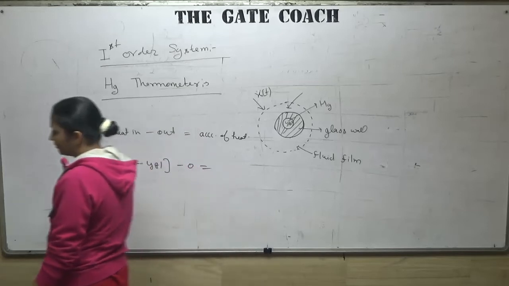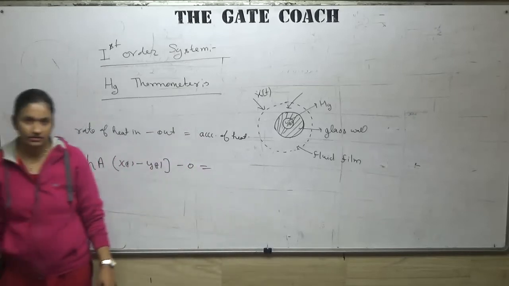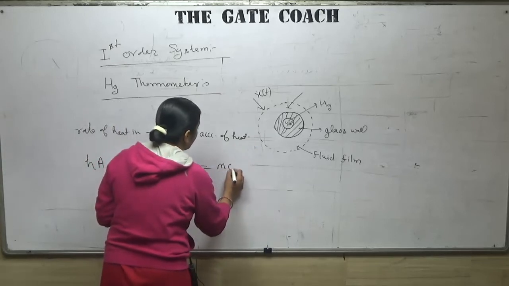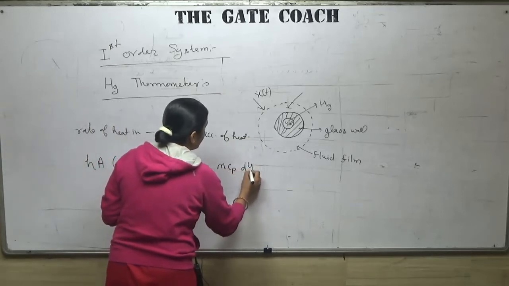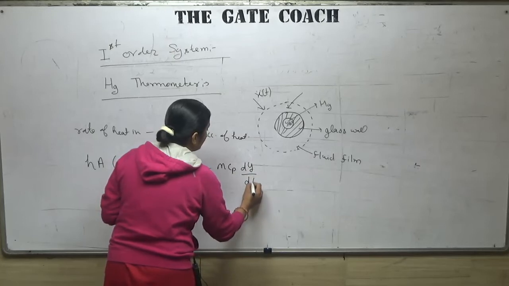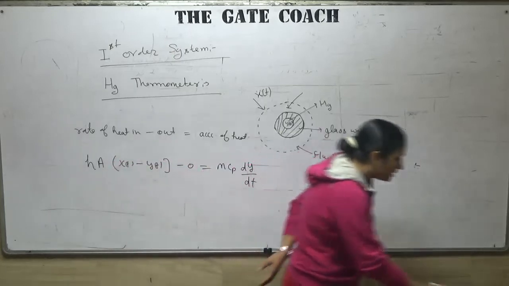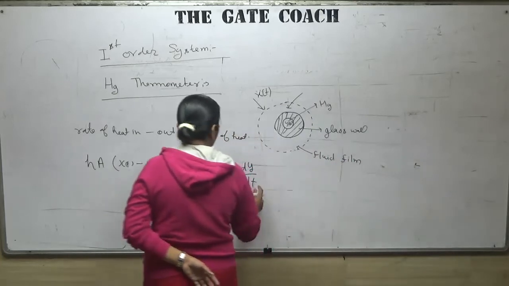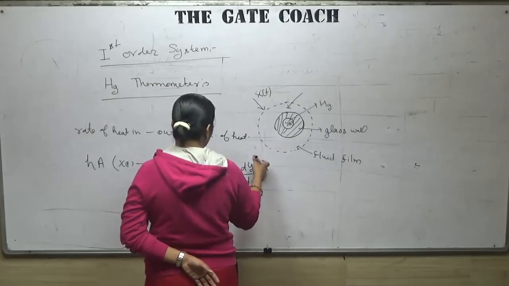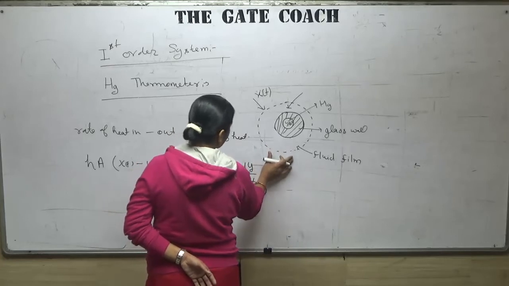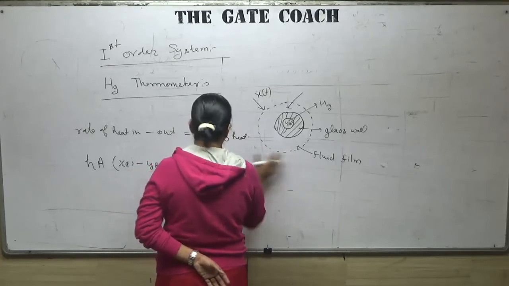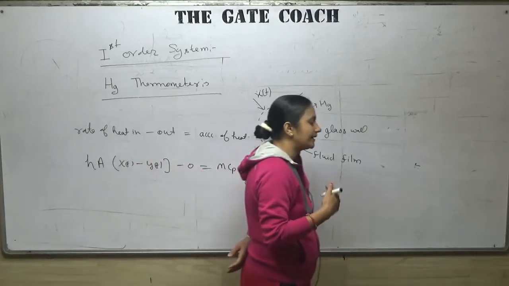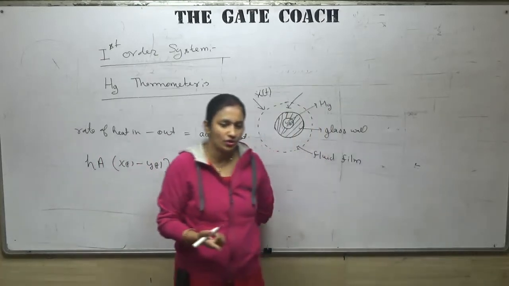Accumulation of heat is mCp dy/dt, because it is an unsteady state energy balance and it varies with time. This is the equation we have developed for the unsteady state energy balance for this cross-sectional view of the thermometer, in order to write the transfer function for the first order system.